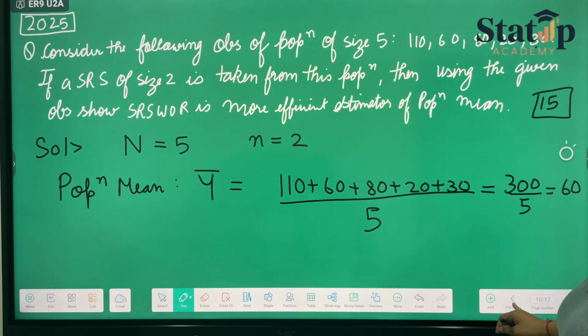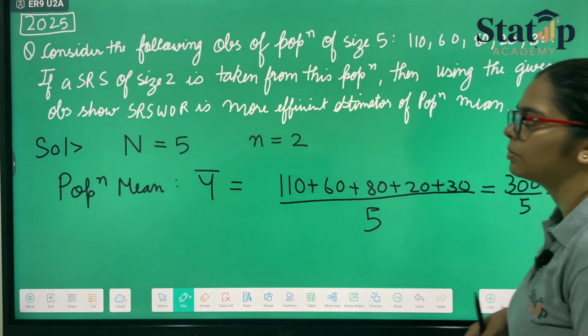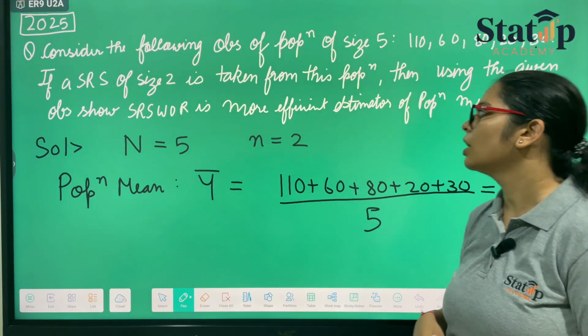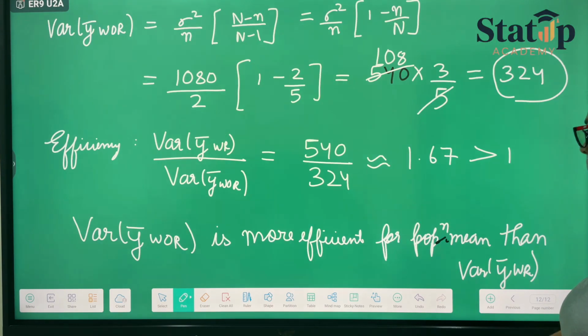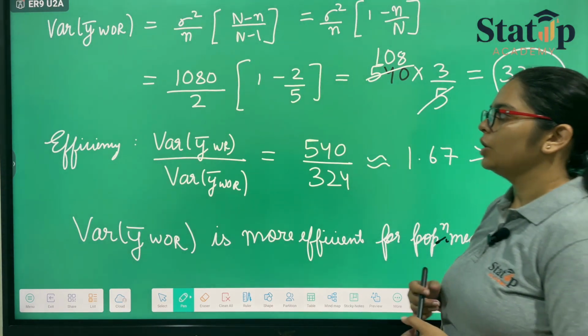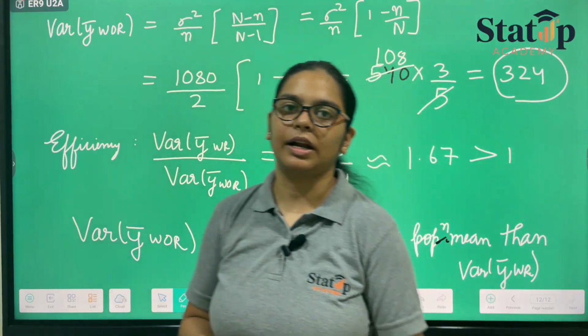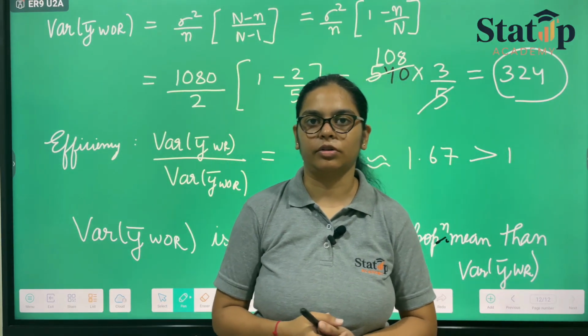And this is what has been asked in the question, to prove using the given data that simple random sampling without replacement is a more efficient estimator of population mean as compared to simple random sampling with replacement. So this completes your topic, simple random sampling with replacement and without replacement.